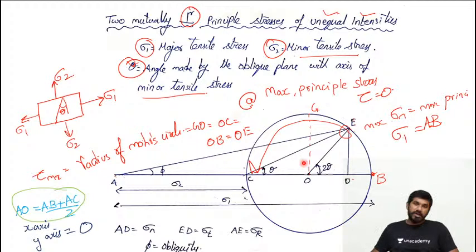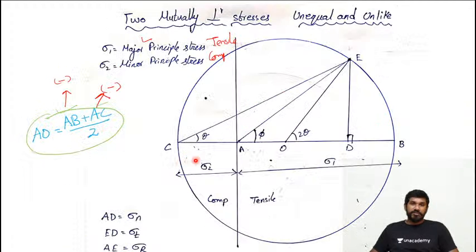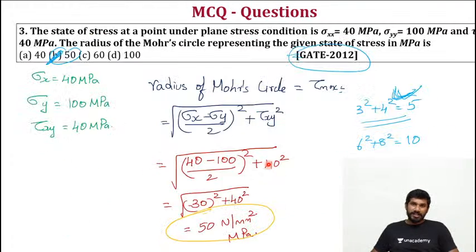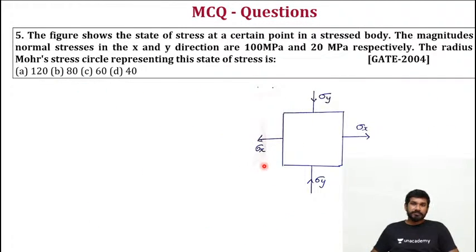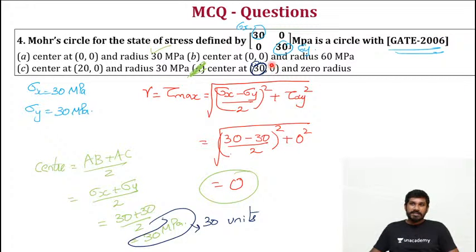It will not move downward or upward, which means the y-axis is always 0. That is the center point of the Mohr circle. Y-axis always 0, and for the x-axis, here is the equation. If you go to the next one, here also the y-axis is 0. So whenever the center point of the Mohr circle is asked, y-axis is 0, and for the x-axis we have the formula.